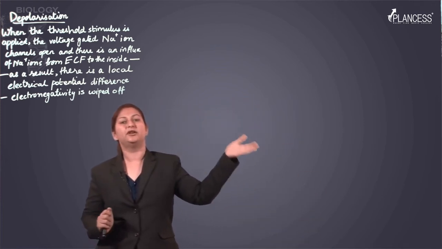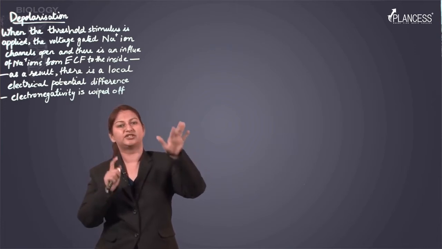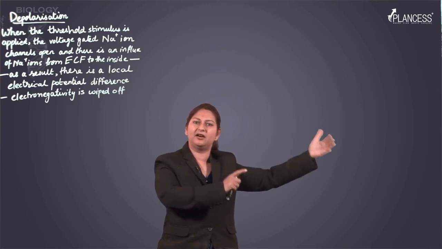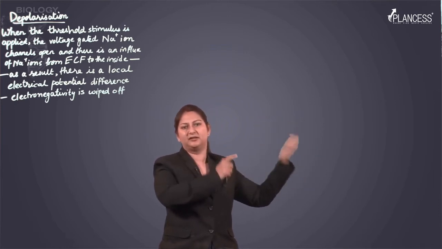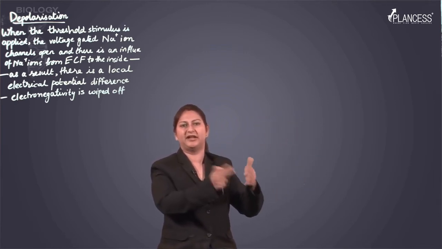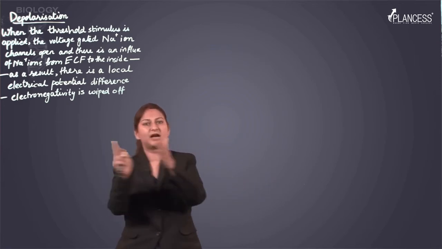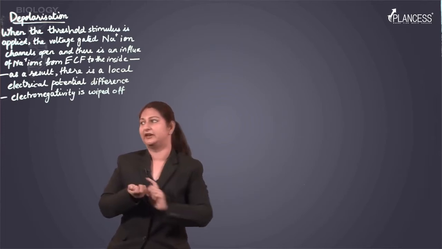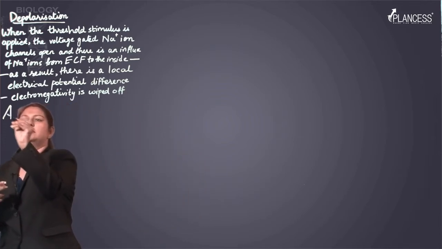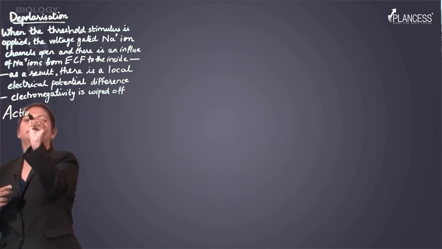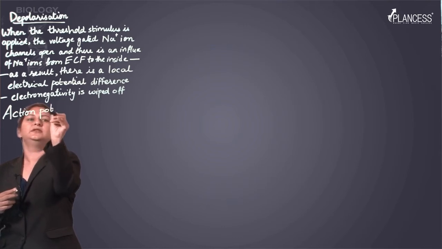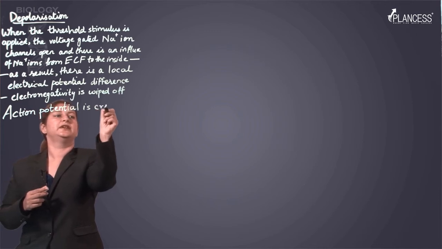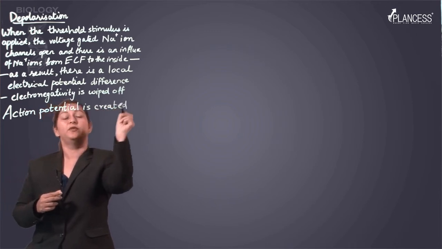Now the neuron has to come back to its normal state. This is the way it will reach till the axon endings, and whatever changes will happen there, we will see later, but this is how the changes have happened. The action potential is created, which is how much?